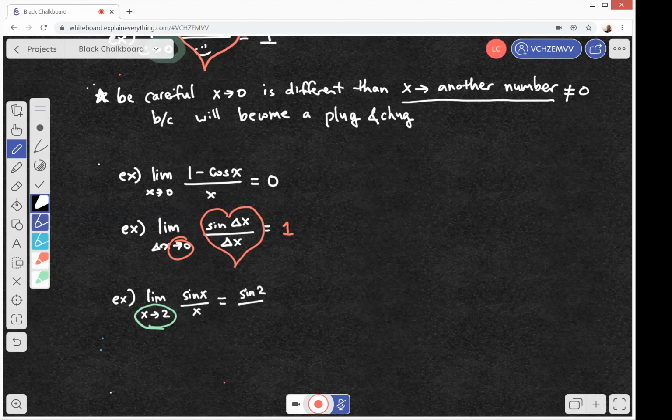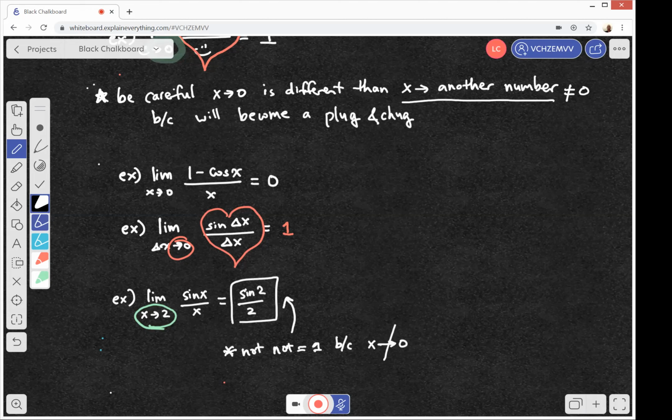It becomes a plug and chug problem. Okay, so keep that in mind. And we're going to put a note right here. Note: not equal to 1, because x is not approaching 0.